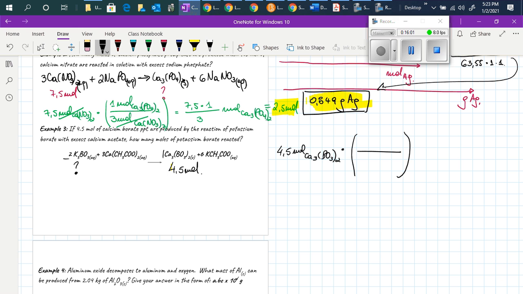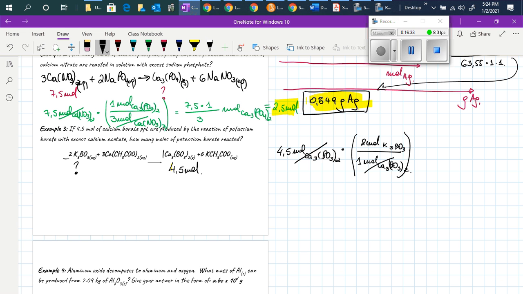So you have moles of calcium borate, meaning that the molar ratio of calcium borate has to be in the denominator in order to cancel it out. So 1 mole of calcium borate is in the denominator. It's produced when 2 moles of potassium borate are participating in the reaction.